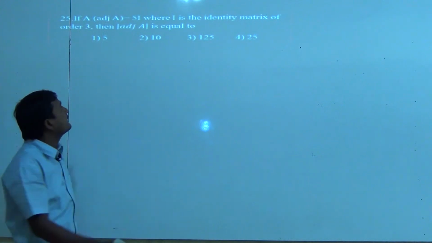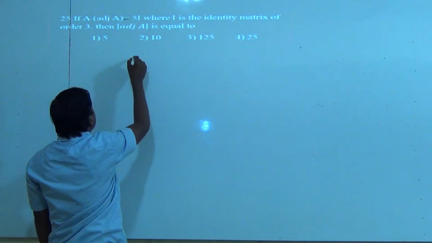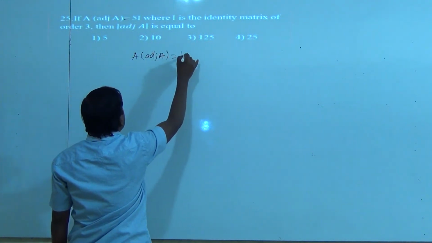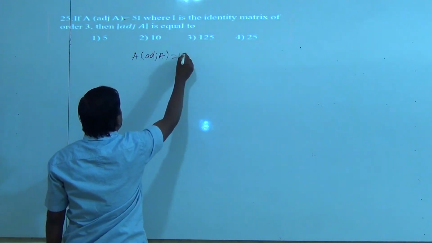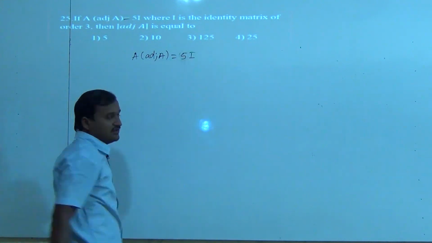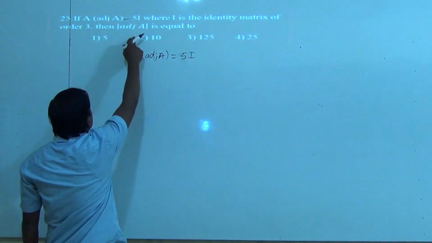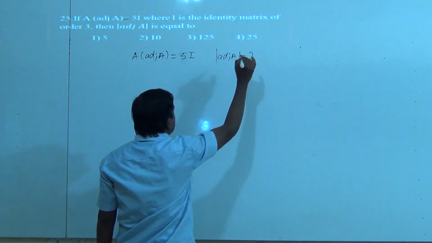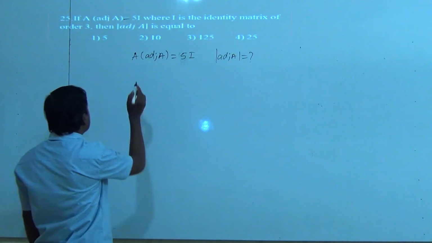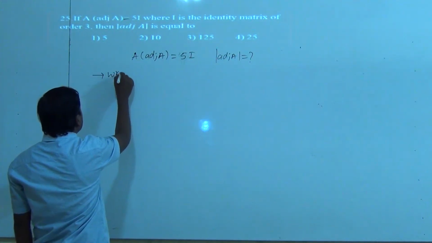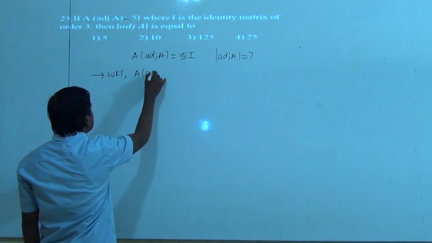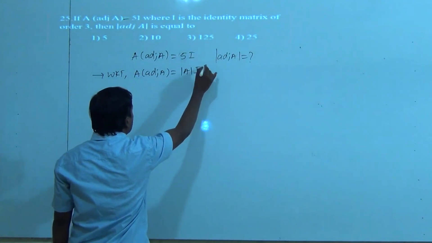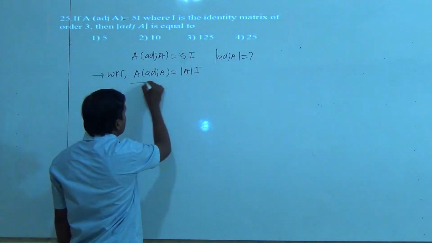Here A into adjoint of A, what have they given? They have given this is equal to 5I. Then we have to find determinant of adjoint of A. For this we know that A into adjoint of A is equal to determinant of A into I. We know the standard result.